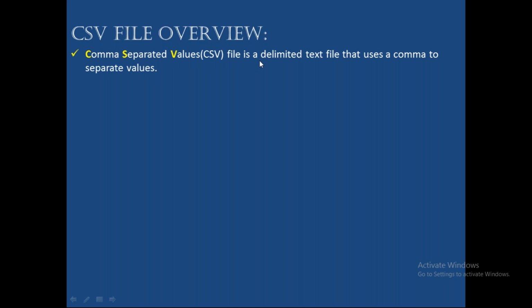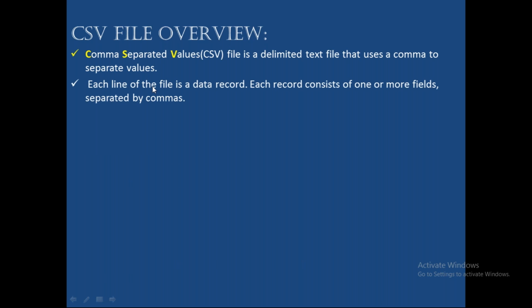A comma separated value file is a delimited text file. What is a delimiter? Delimiter is nothing but a separator. It uses a comma to separate the values: name, comma, location, comma, phone number. So each value you are separating with a comma.